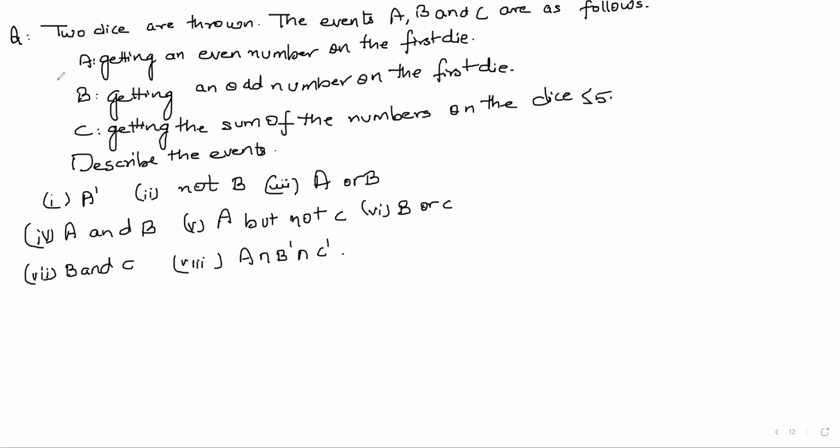Not B. You need to find not B. So B was getting an odd number on the first try. So not B means even number on the first try. Okay. So please complete this and share your answer.